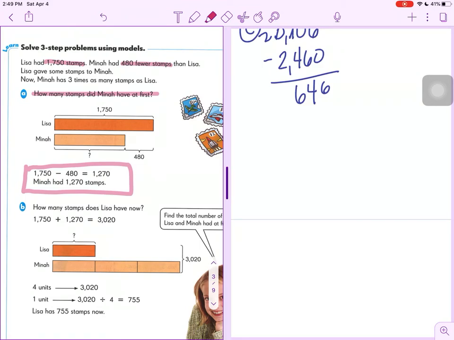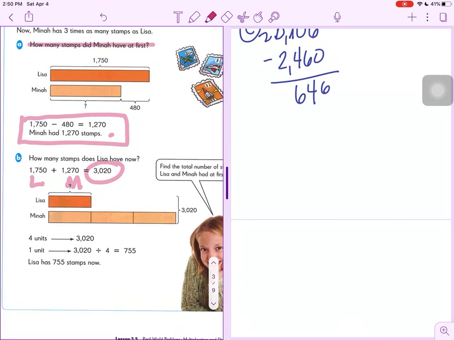Does that make sense? Because this is what Mina had. We had to figure that out first. So this is what Lisa had. This is Mina. And now we have our total because Lisa gave the stamps to Mina. So now we have to figure out how much Lisa has now.